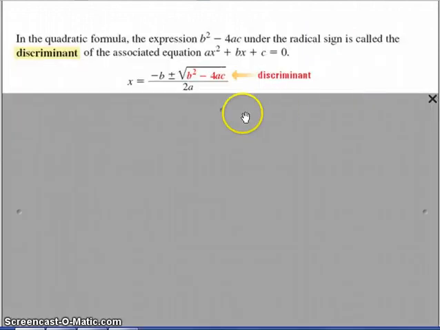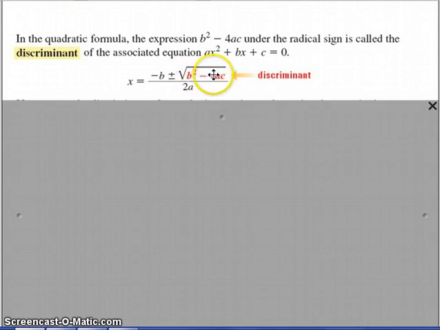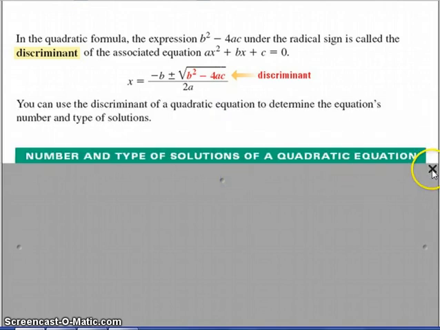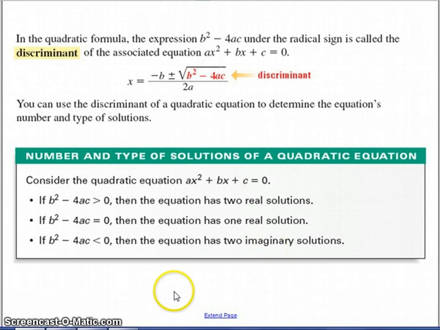Okay, and this is in fact exactly what the textbook is saying on this page. They're calling this concept, this idea of the information below the radical sign, the discriminant. It's b squared minus 4ac. And their point is, you can use that to decide how many solutions you're going to get. It can be used as a quick check so that you don't have to do quite as much work only to find out that you weren't going to get any solutions after all.